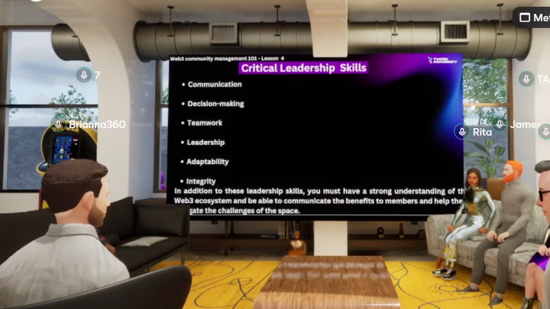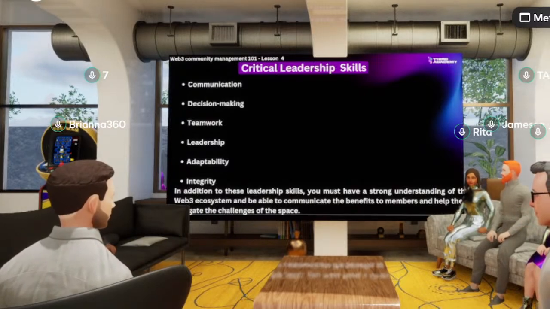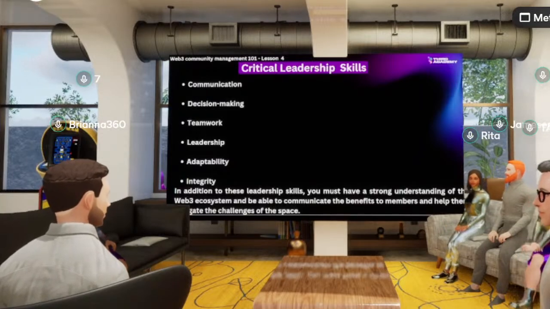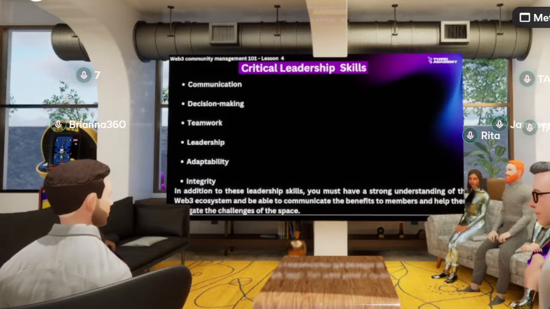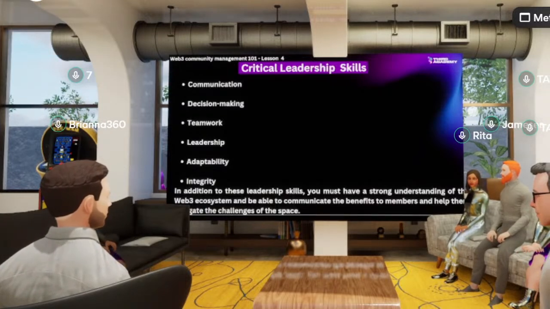So you need to be able to learn things quickly and adapt to these new changes. And also integrity: you need to be honest and trustworthy, be able to build trust with community members while also upholding the values of the community.